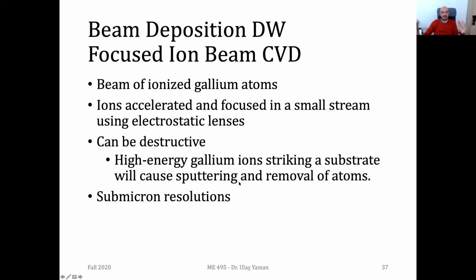Again, their resolutions are high. And the advantage is that this time, since you are depositing ions, you can repair some electronic circuitries. But obviously, it's a costly repairing approach. You can only do it for very expensive circuitries.